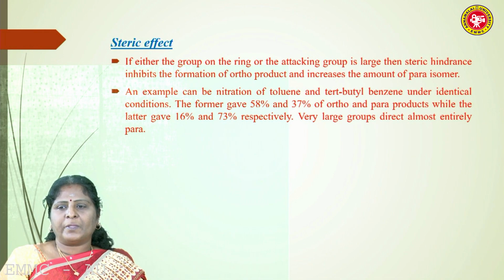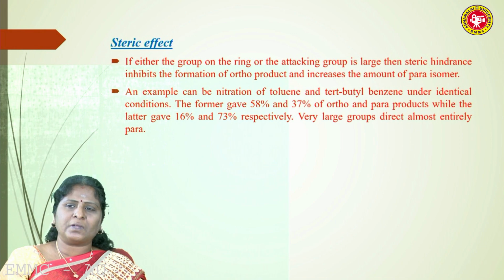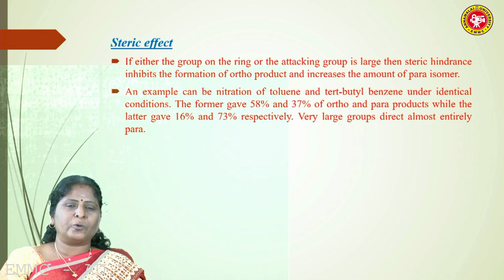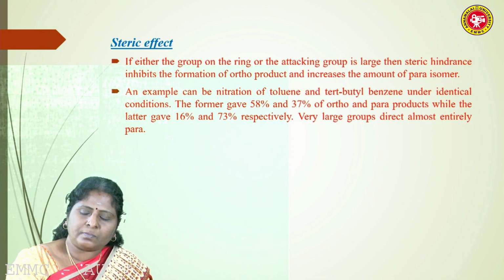The former, that means nitration of toluene, gives 58% of the ortho isomer and 37% of the para isomer, while the latter, tertiary butyl benzene, gives 16% of the ortho isomer and 73% of the para isomer. That means the tertiary butyl group is very bulky in size, and because of that, steric crowding plays a major role in directing the incoming group to the para position.